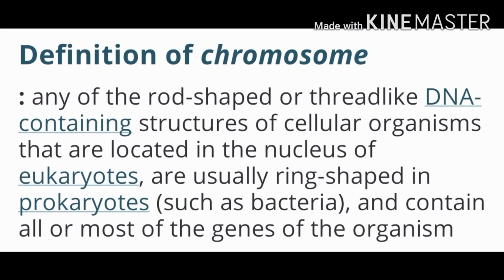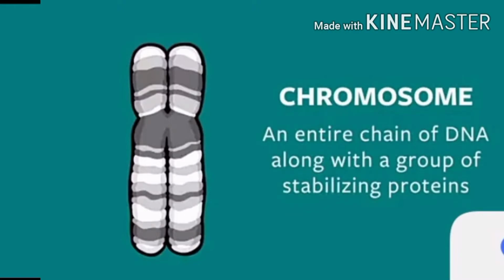A chromosome is a rod-like or thread-like DNA-containing structure of a cellular organism that is located in the nucleus of a eukaryotic cell or prokaryotic cell, and they contain the genes which are responsible for the various characters in an organism. Here you can see the rod-like structure of a chromosome.